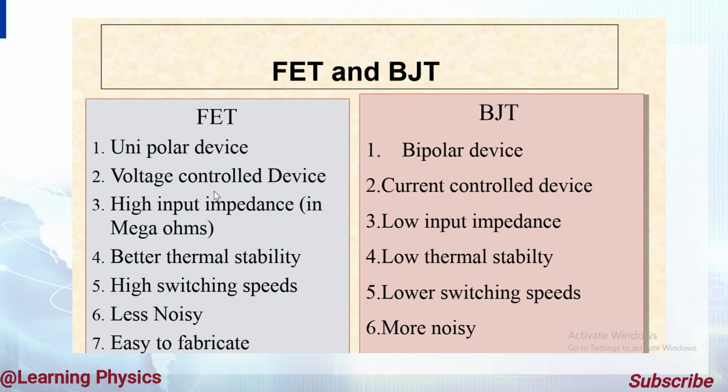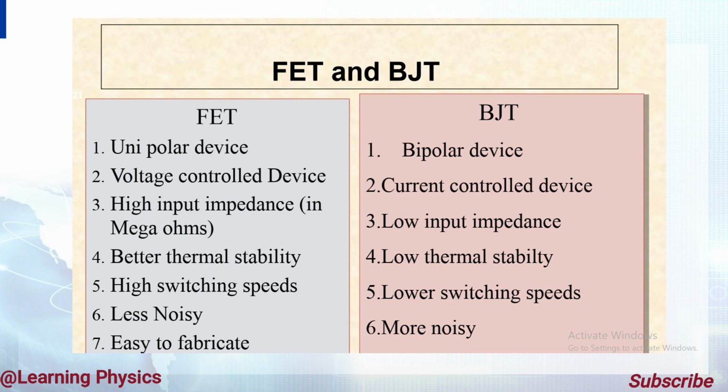FET is a voltage controlled device, as we have discussed earlier, and BJT is a current controlled device. And FET has high input impedance in mega ohms. That's why it's the best amplifier. It is used for amplification of voltage or current.